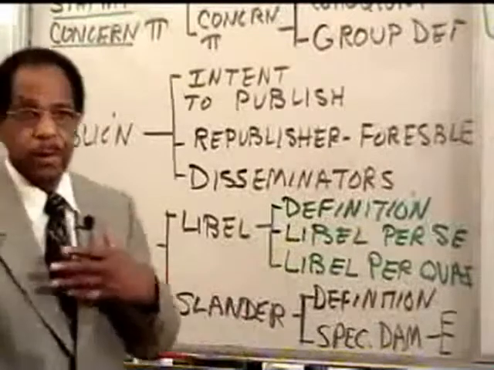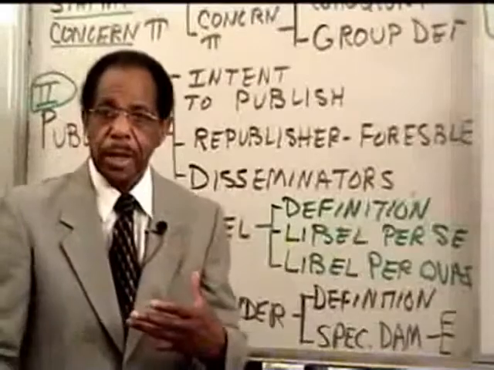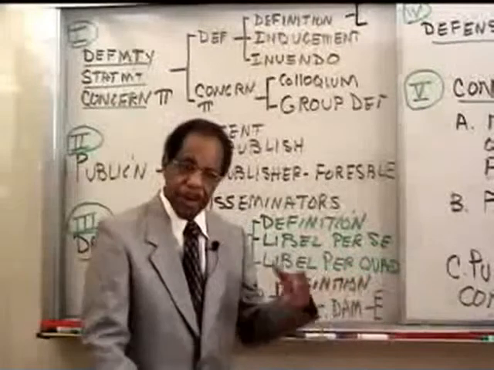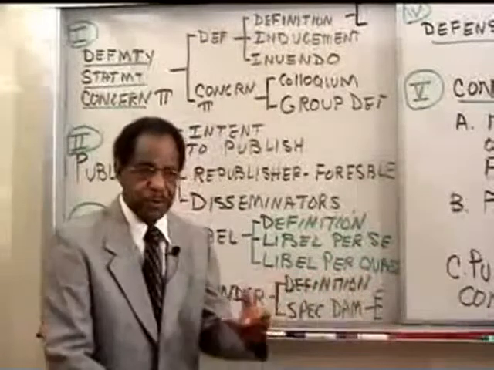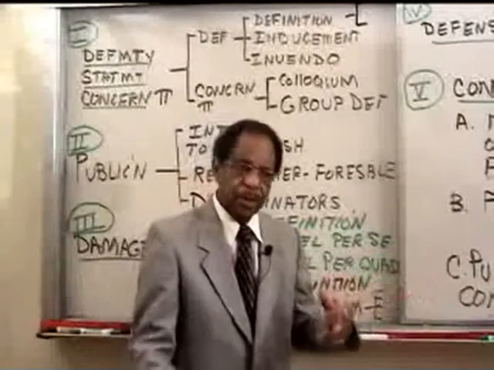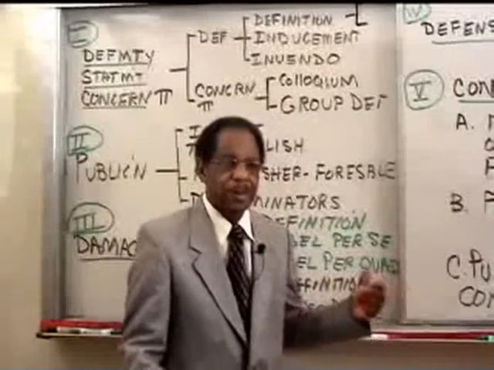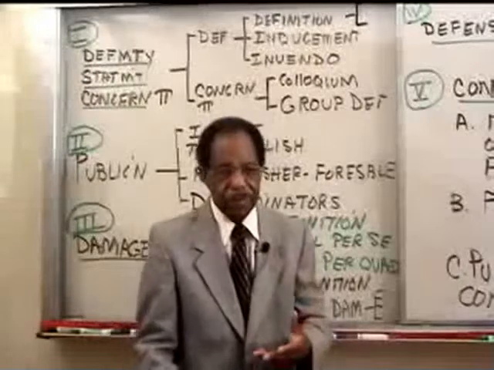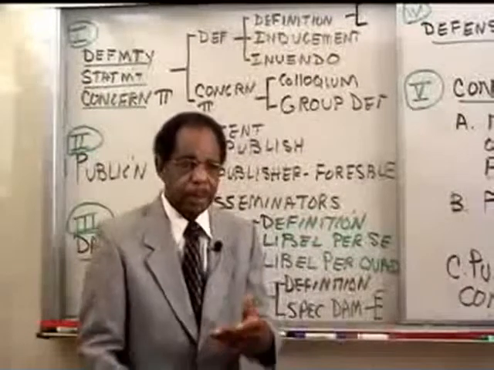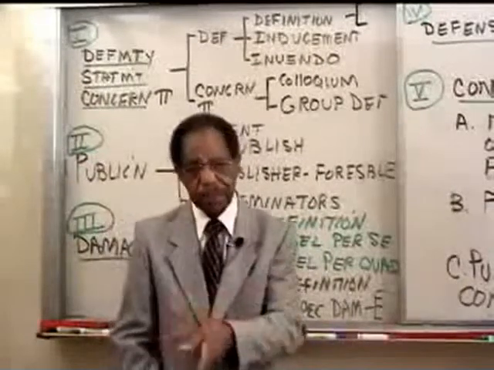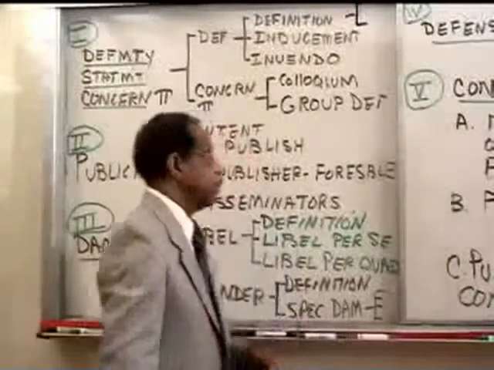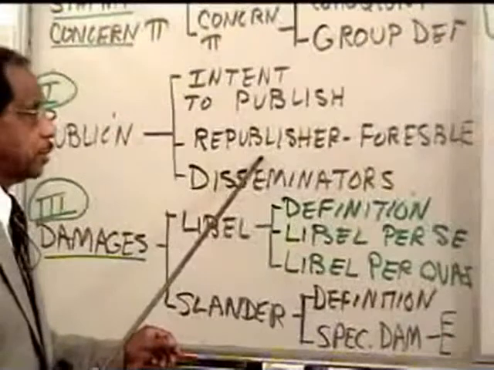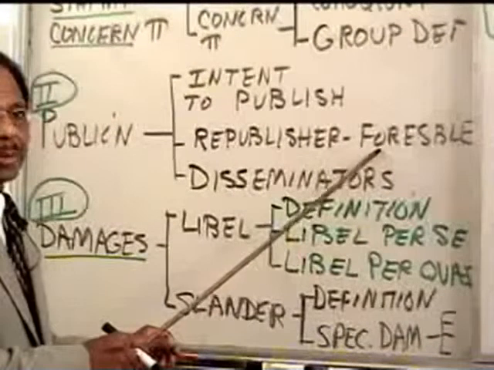So if I call a press conference and the people at the press conference now put it in their newspapers, that republication is foreseeable. I published first, I told them, they put it in their newspaper. So I am liable for the republication. If I dictate to my secretary and it is foreseeable that this is going to be republished, the original publisher is liable for the republication if the republication was foreseeable.